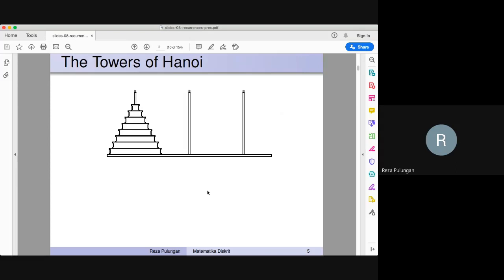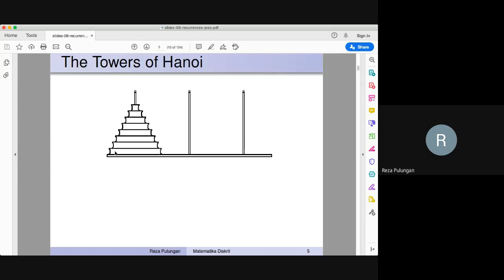Okay, let me show you the first example. This is a very famous example called the Towers of Hanoi. Your duty is like this. There are n disks on the first tower. These disks have different radii, so they are not of the same size.